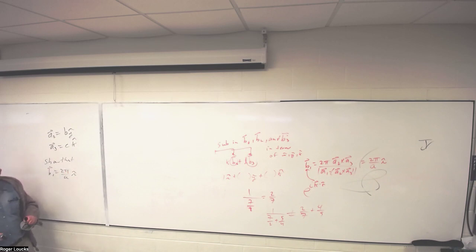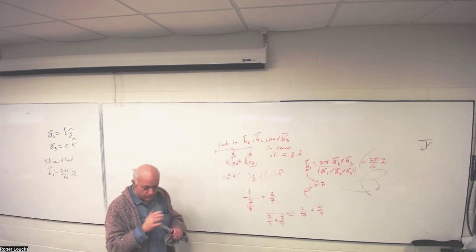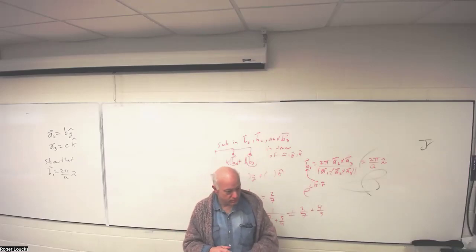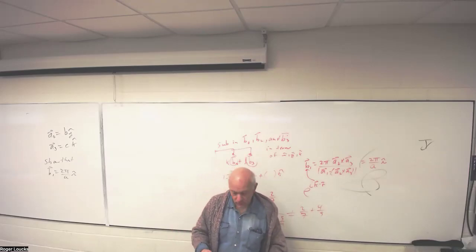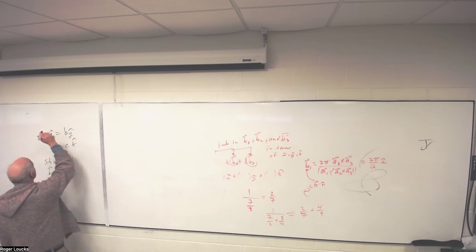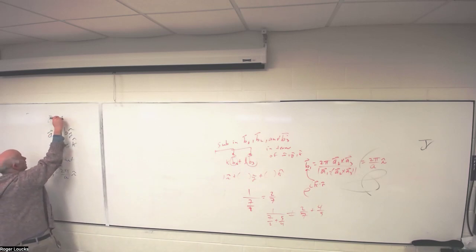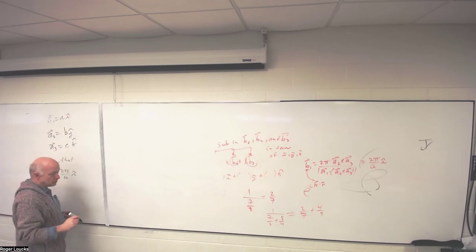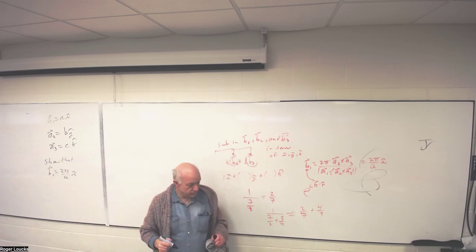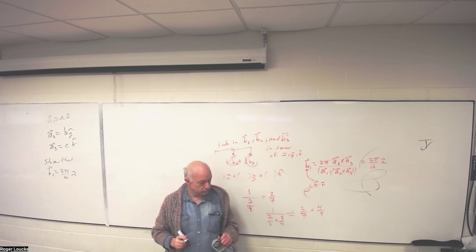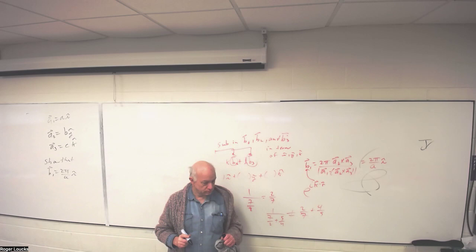Okay, what do you do? So we have to write A1, and I should say then A1 is A I hat. We have to rewrite the B1 vector with respect to the reciprocal lattice vector with the definition.